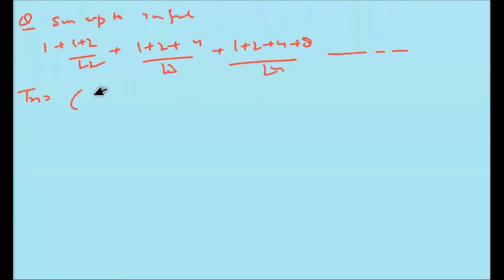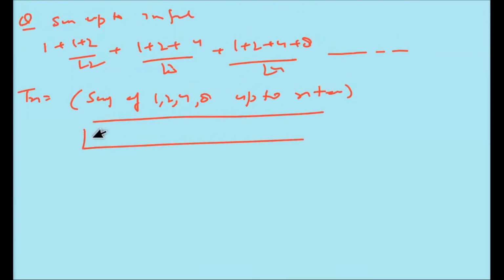So we can find the sum of 1, 2, 4, 8 up to n terms. It is GP upon factorial, Tn of 1, 2, 3, 4. So the sum of n terms in GP, the formula we know, is a(r to the power n minus 1) upon r minus 1. Here r is 2: 2 by 1 is 2, 4 by 2 is 2, 8 by 4 is 2.